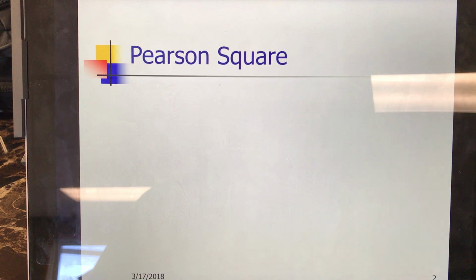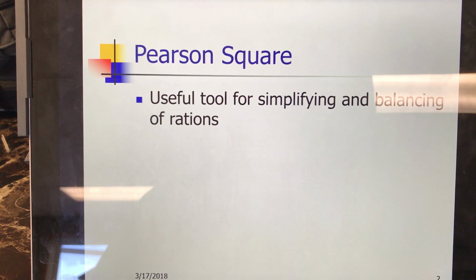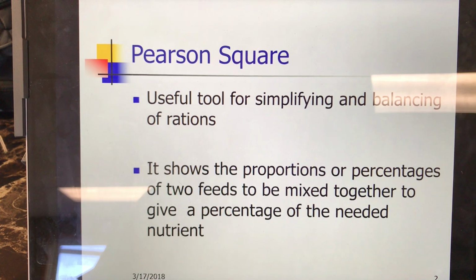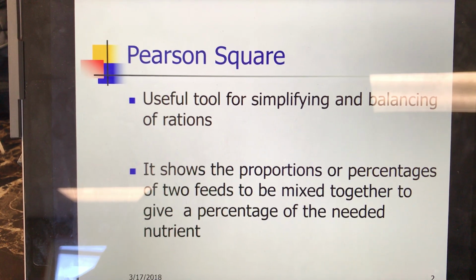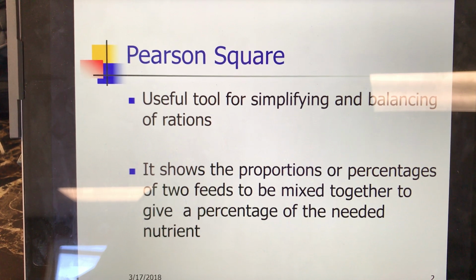Okay, so why do we use the Pearson square? It's a useful tool for simplifying balancing of rations. It shows the proportions or percentages of two feeds to be mixed together to give a percentage of the needed nutrients.